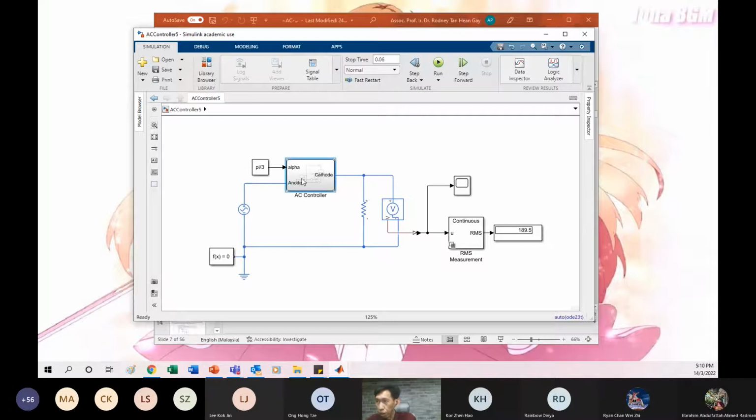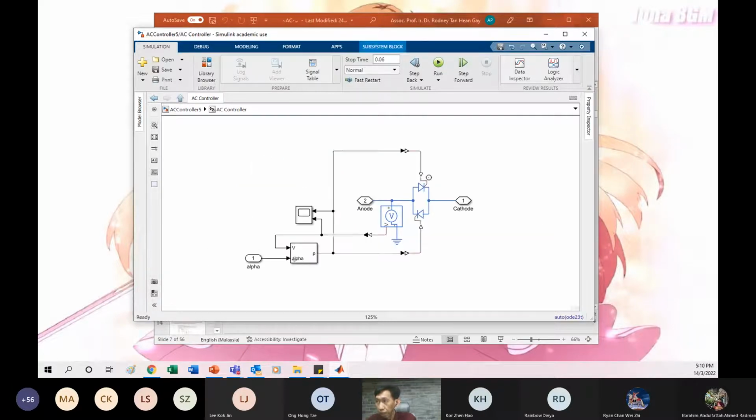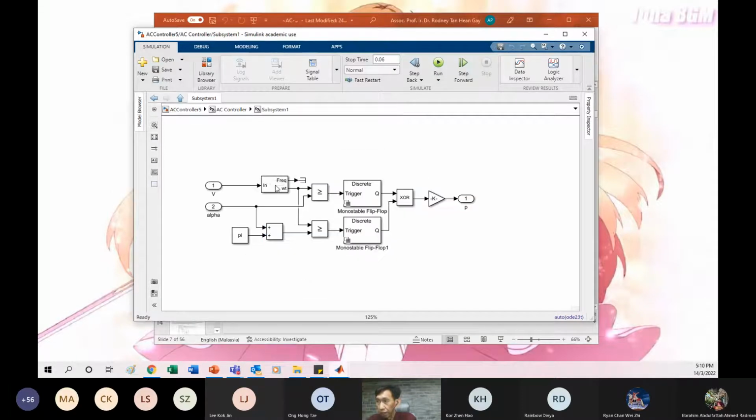When you look into it, these are our triangle, and then we have this controller inside here, and this controller will output the pulse. And when you look inside, there is a PLL here. The job of the PLL is to synchronize the sine wave.